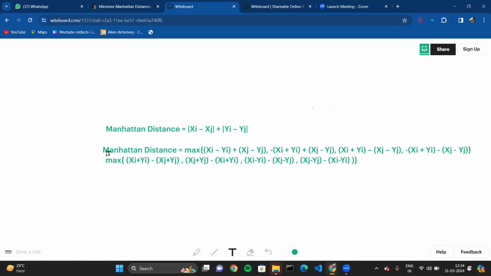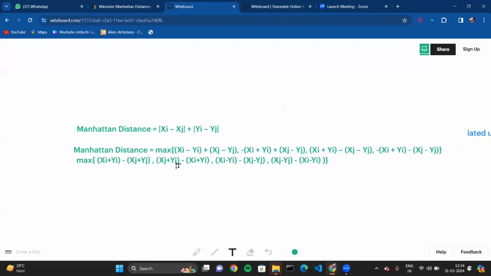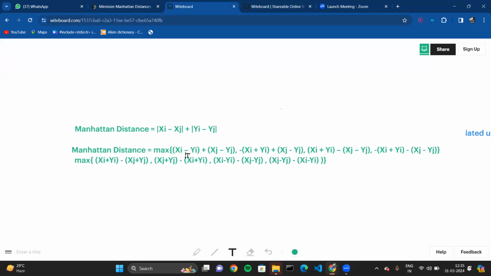Now, I can open this bracket, or rather, if I open the mod and take all possibilities, the expression becomes something like this: xi minus yi plus xj minus yj, or minus of xi plus yi plus xj minus yj, comma xi plus yi minus xj minus yj.